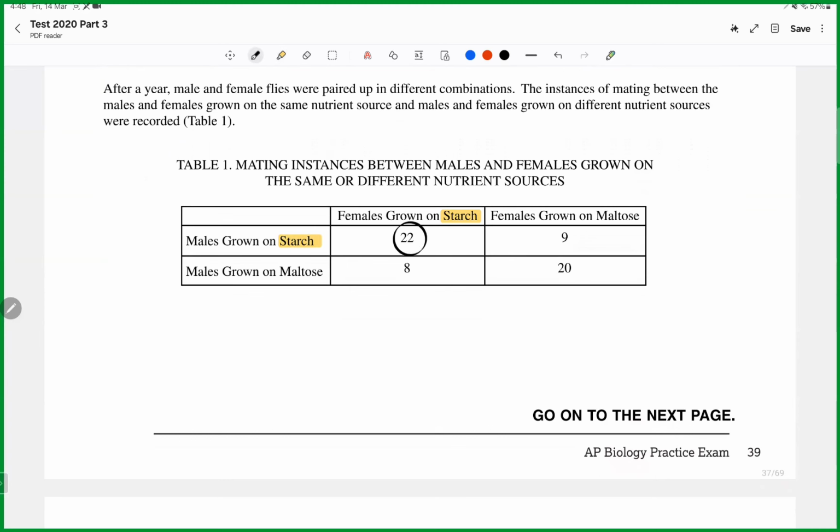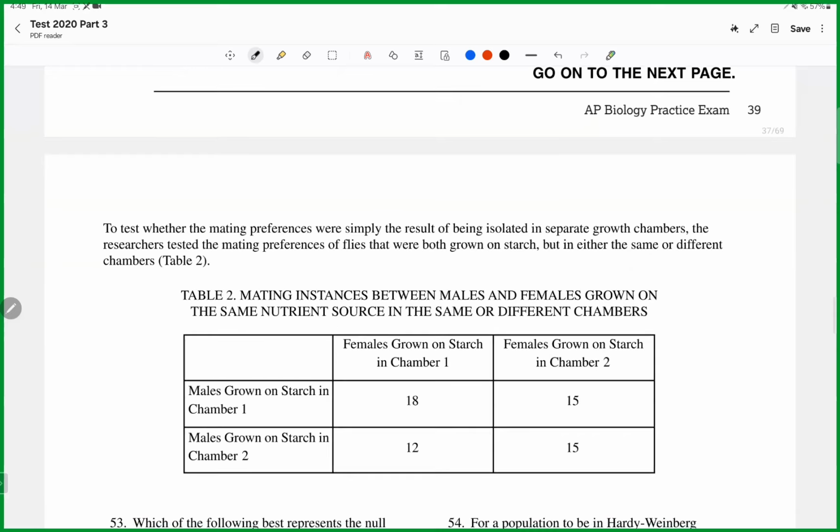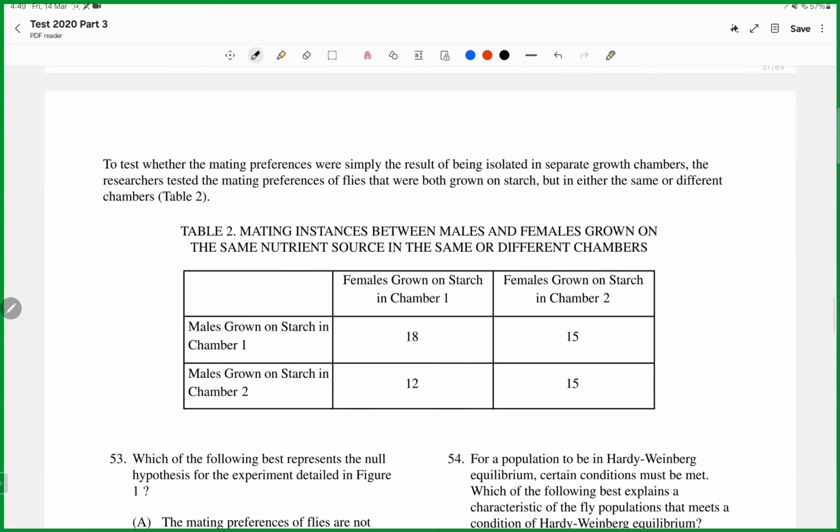No, look. Starch with starch mate more than starch with maltose. Maltose mate more than maltose with starch. So that means they mate based on the food type.